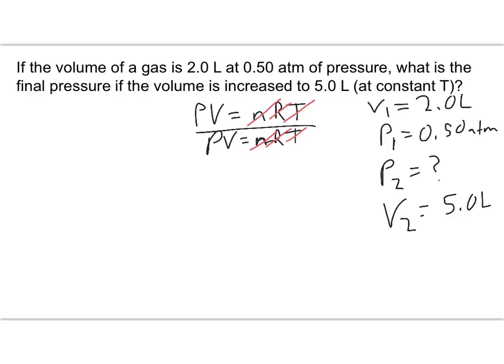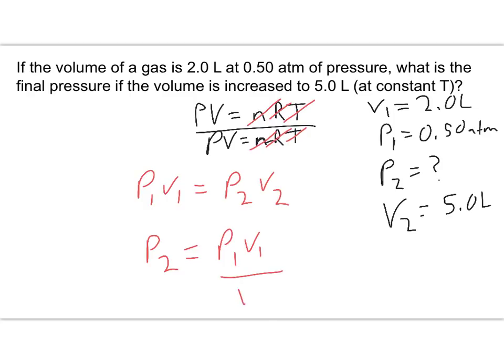From earlier, we see that P1 V1 is P2 V2. So, Boyle's law. Now it's doing a little algebra. P2 is P1 V1 over V2. Just divide both sides by V2.